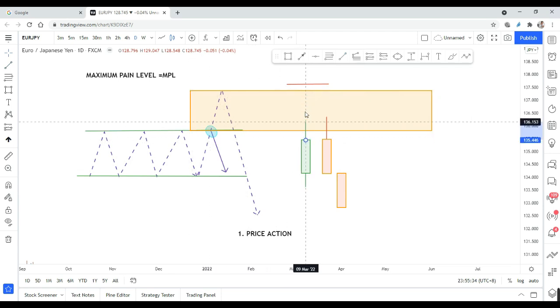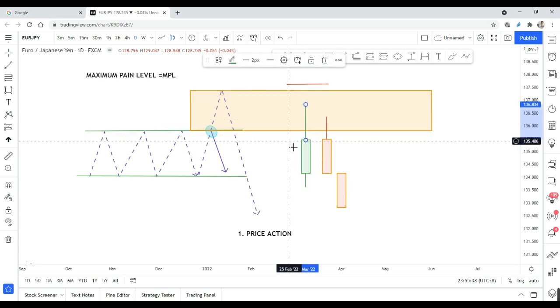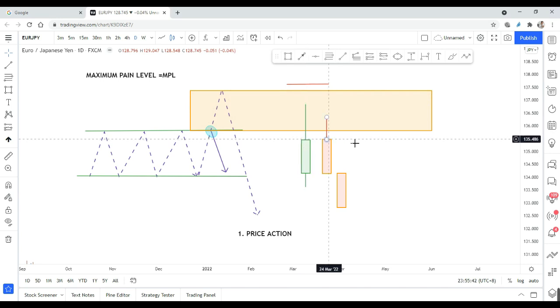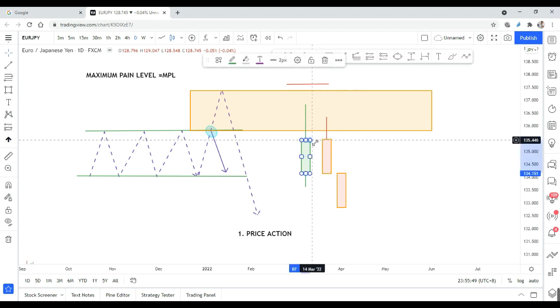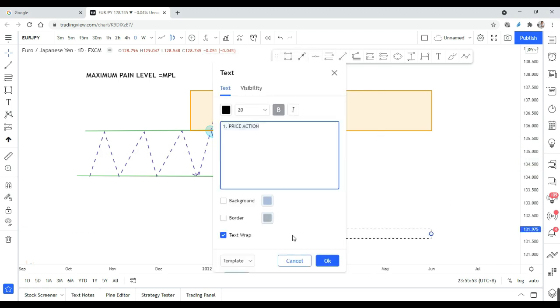You don't go into the trade yet. You wait for the price to close below, then this is a nice area for you to make a sell. Direct sell, no pending order, no buy limit, sell limit, no stop, nothing. So this is the second confirmation, which is using the candlestick.